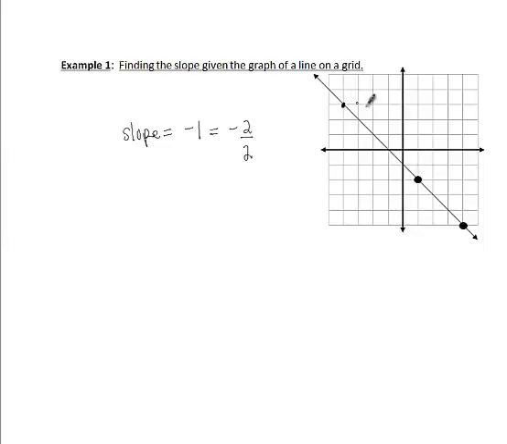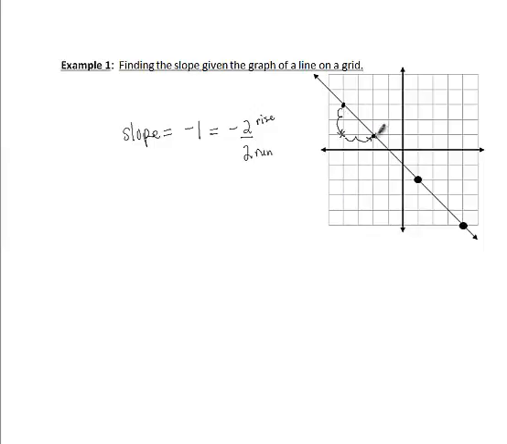I'd pick this one. In other words, if I rise -2, which is to say go down 2, 1, 2, and I'm temporarily here at this intersection of grid marks, and then I run 2, and with it being positive, that means I go to the right 2, completely horizontal, and I end up at a second point on my line.